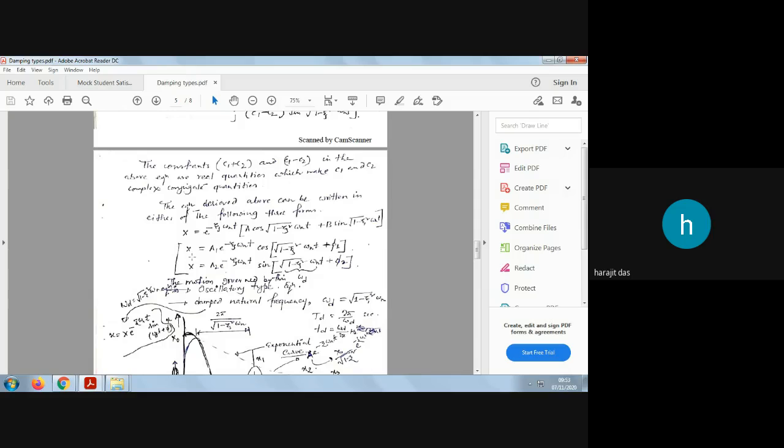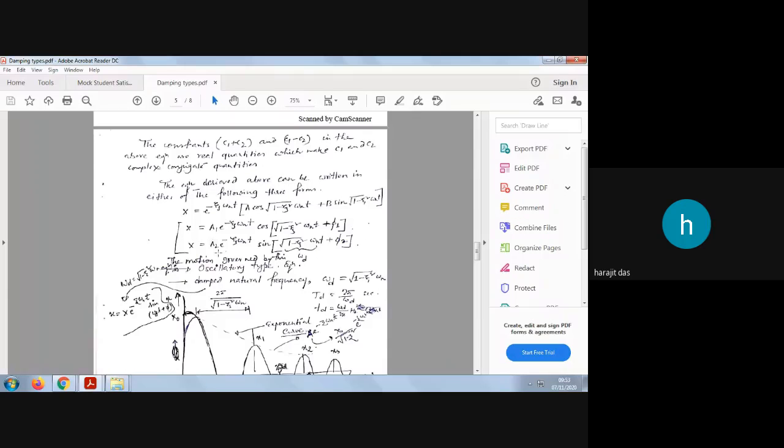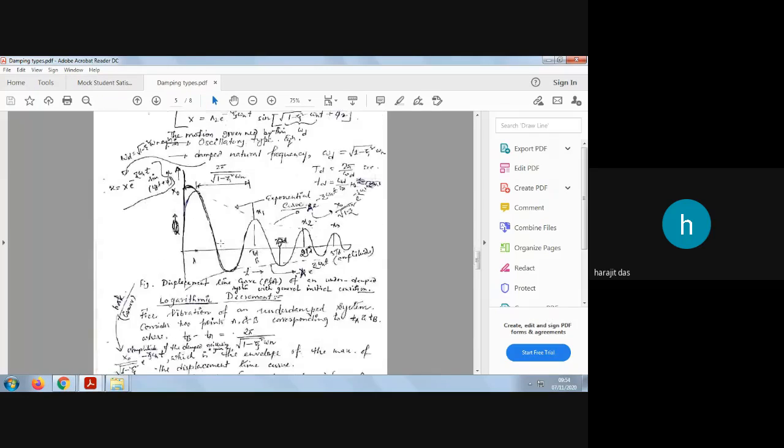And you need to show it to me when I ask you for an assignment, because in one assignment those things will be given to you. Finally you will get one expression where this a2 will be x naught divided by under root 1 minus zeta square. That is why at any instant I can write the amplitude.